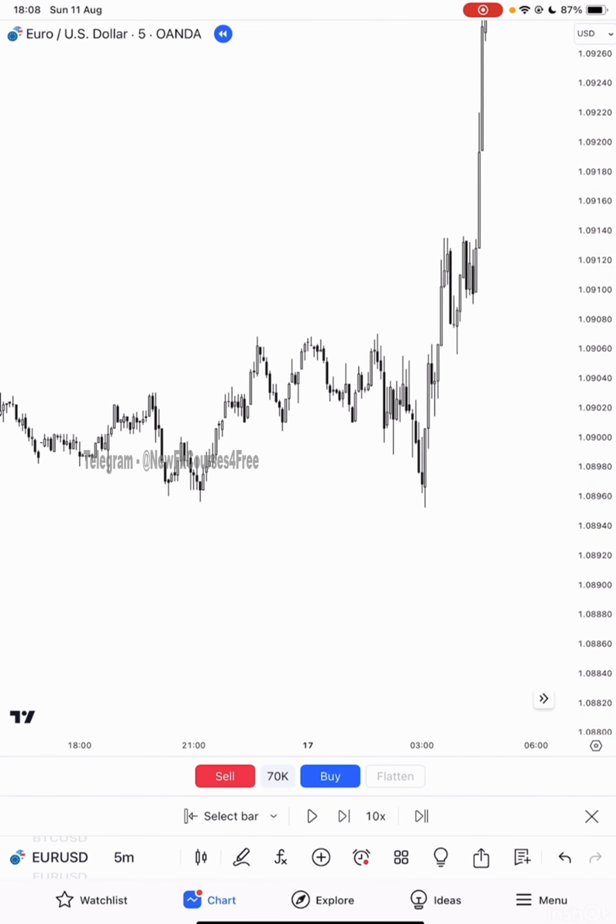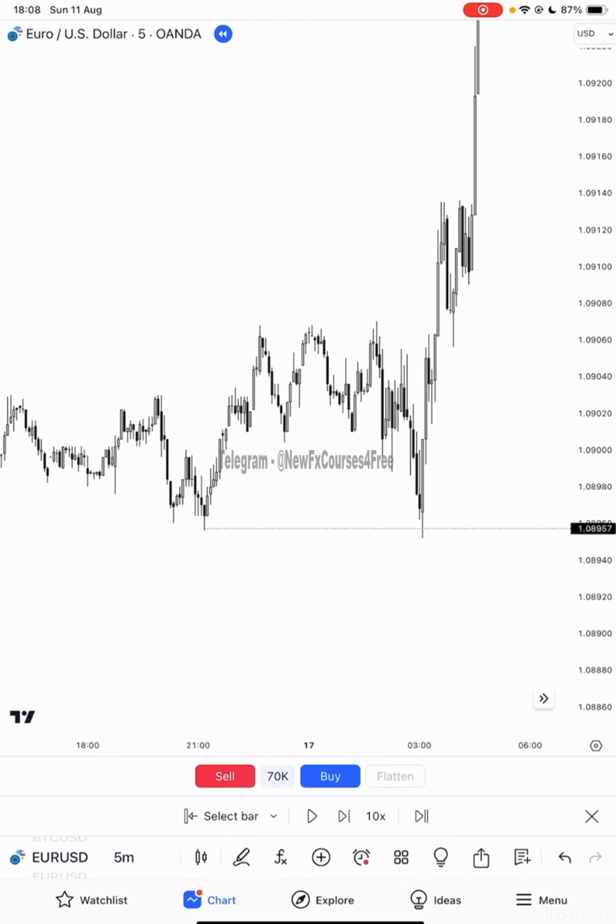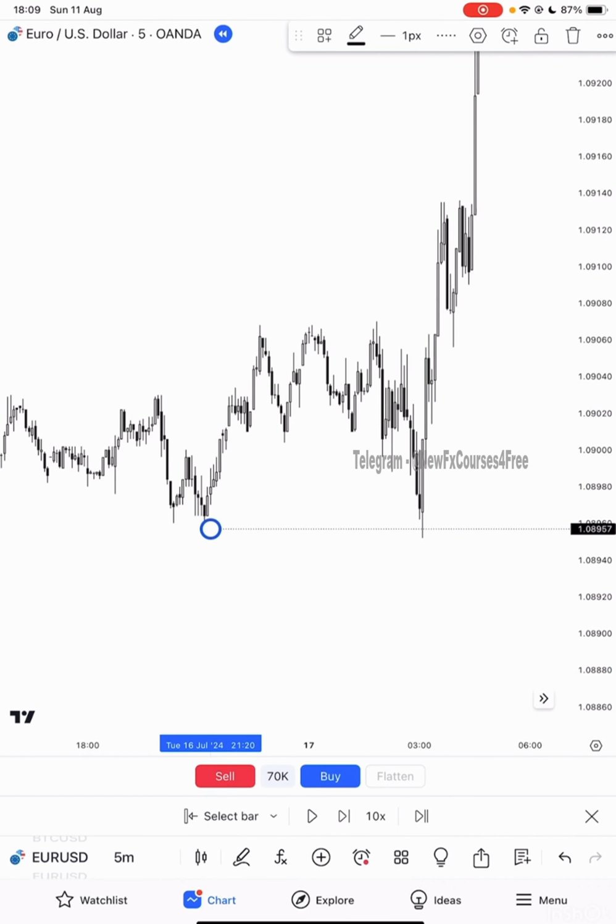So we have a range, a clear and defined range.